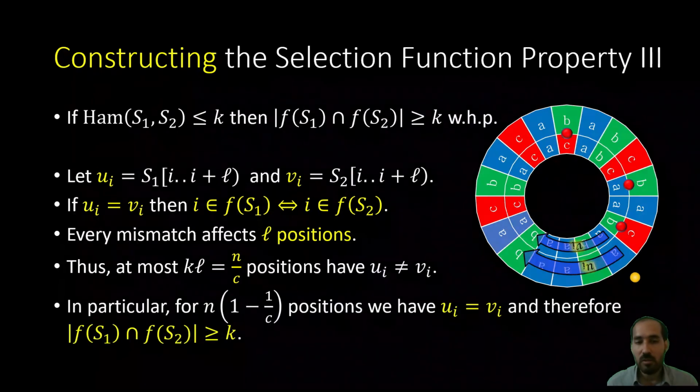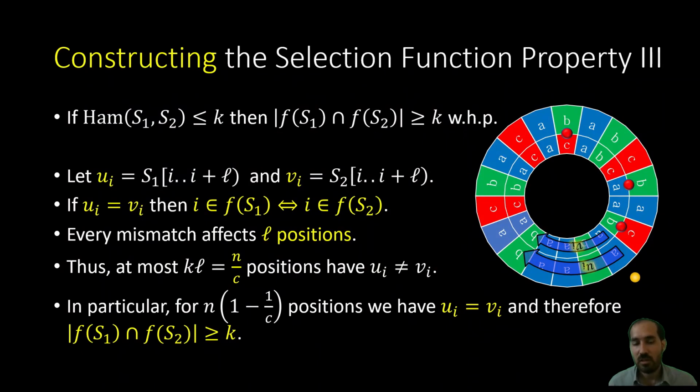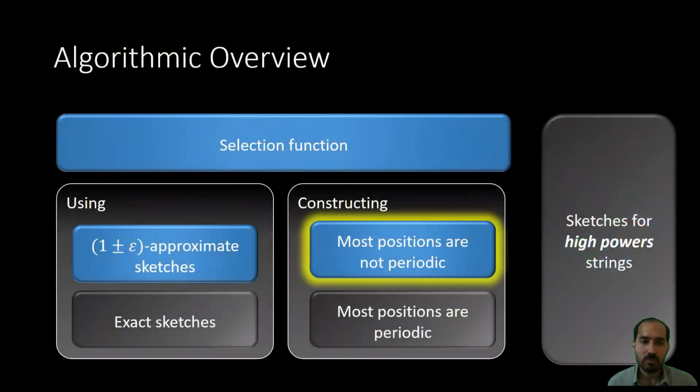In particular, if we take large enough c, then most of the positions have u_i equal to v_i, and therefore by the Chernoff-Hoeffding bound from the previous property, assuming again for simplicity that most of the positions are not periodic, we know that the intersection of the positions selected for S1 and the positions selected for S2 is at least k. And by this, we prove also the last property.